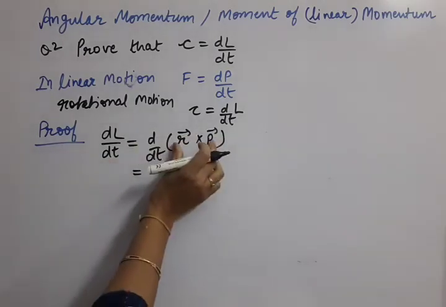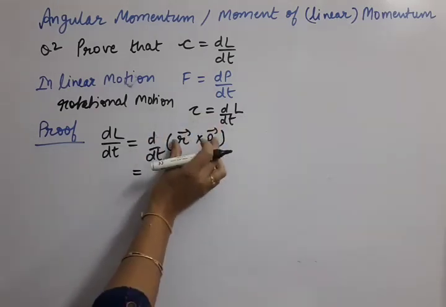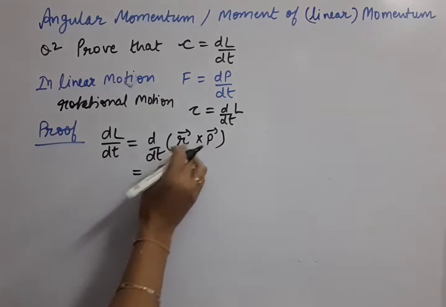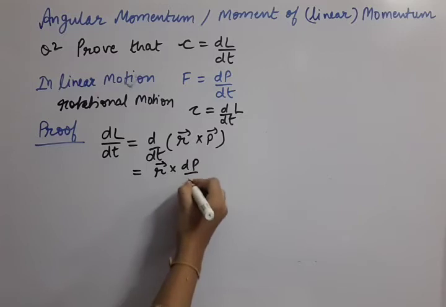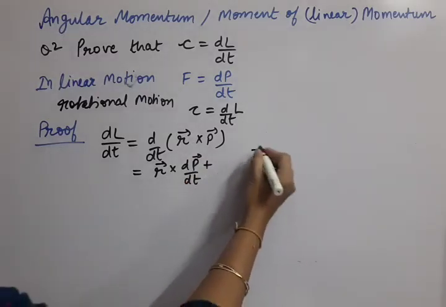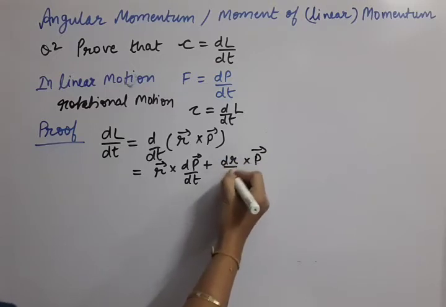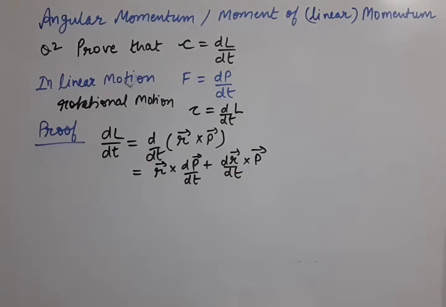After that, this is a product's differentiation. We have already discussed that for a product's differentiation, the formula is first constant into differentiation of second, plus second constant into differentiation of first. This is the formula of product's differentiation.